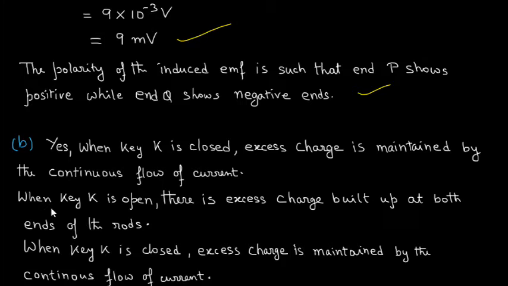B. Yes, when key K is open, there is excess charge built up at both the ends of the rod. When key K is closed, excess charge is maintained by the continuous flow of current. So let us see the next problem.